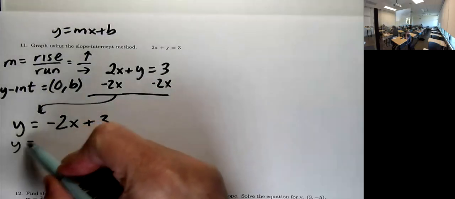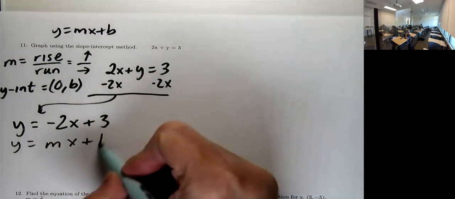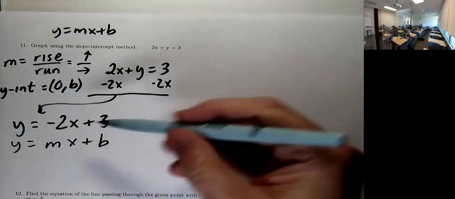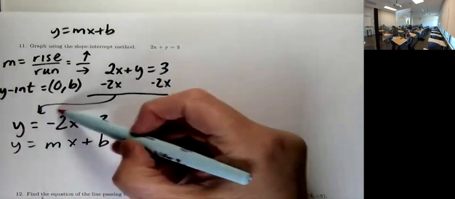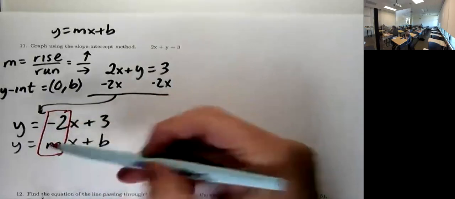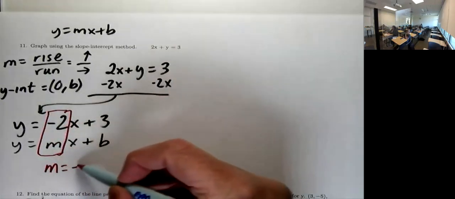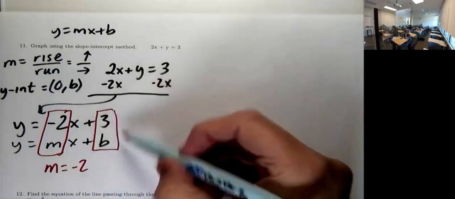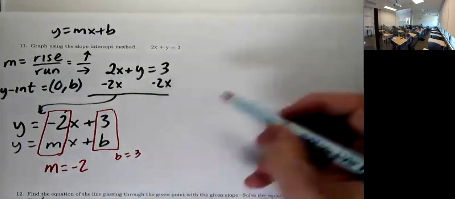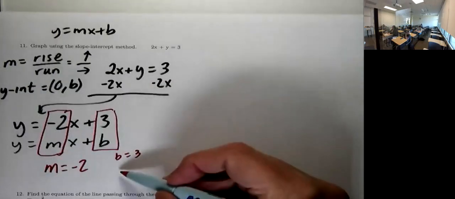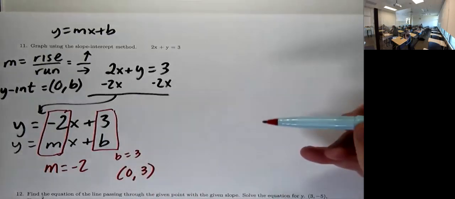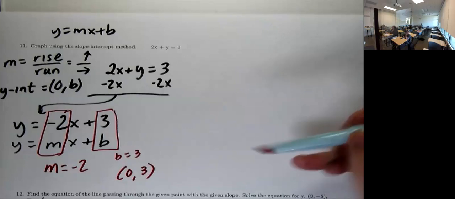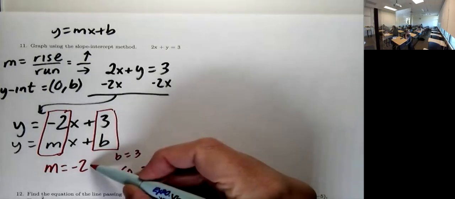And if I compare this to mx plus b, I can see that my m is the negative 2. And I can see that b equals 3. So I will have a point at 0, 3. Negative 2 is the same thing as negative 2 over 1.